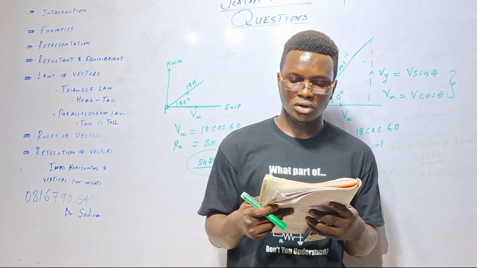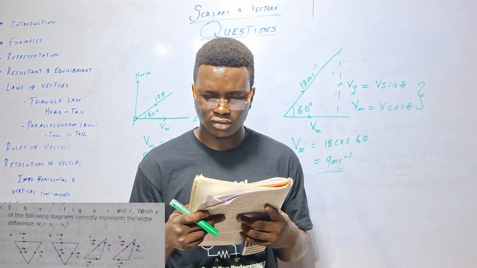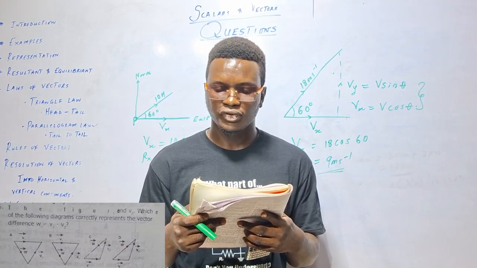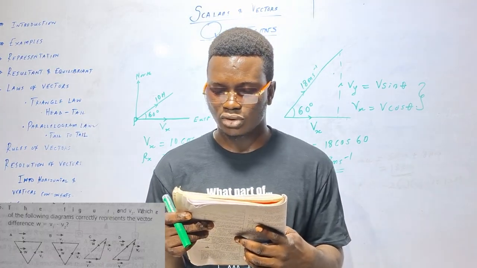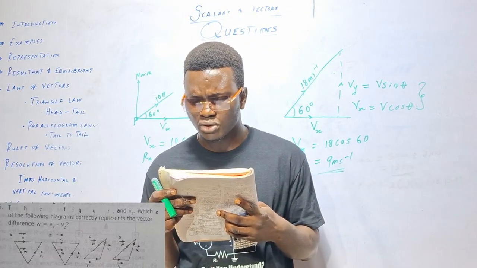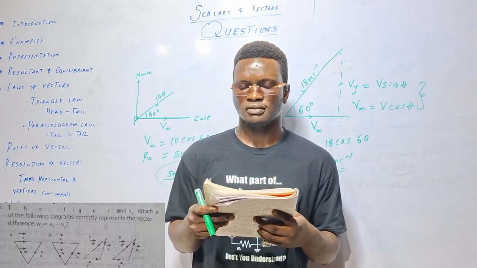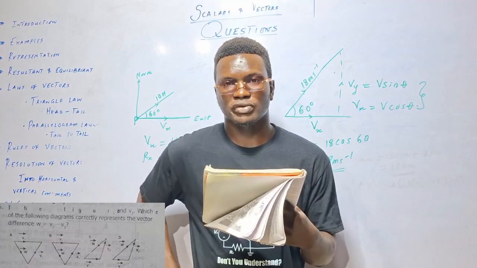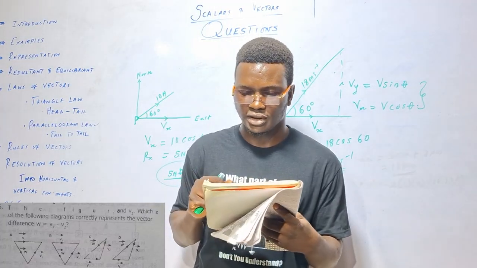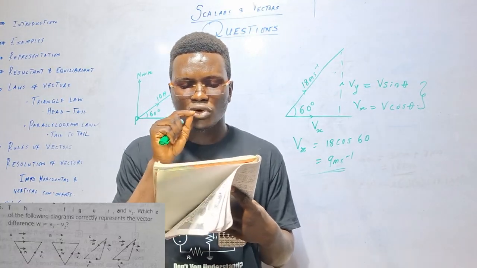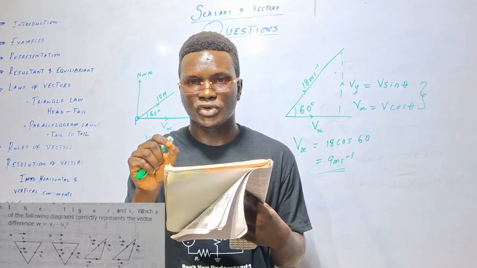So the figure V1 and V2, which of the following diagrams correctly represent the vector W equals V1 minus V2. This is just like what we just finished solving, like addition of vectors. So we have W equals V1 minus V2.